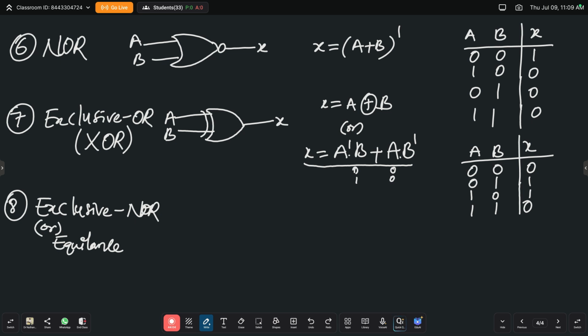Clear, what extra you will get? This is the graphical representation, exactly, the circle is extra to the output. Got it? Then what is the formula?